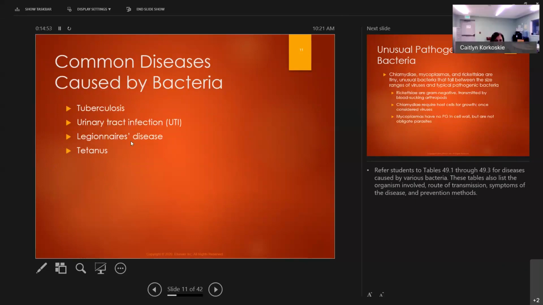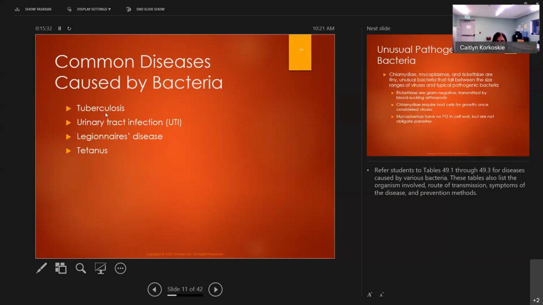But yeah, these diseases are classified too. Tuberculosis is something pretty rare, but it is again something that survives in the lungs. Each of these diseases is based on the type of bacteria that's affecting them.